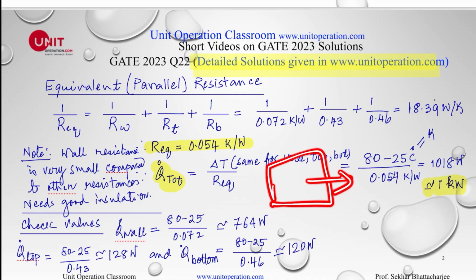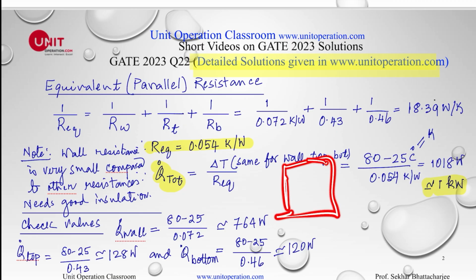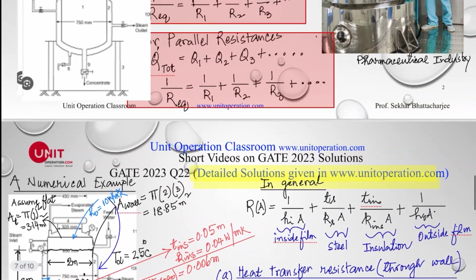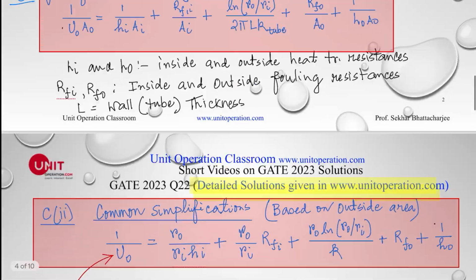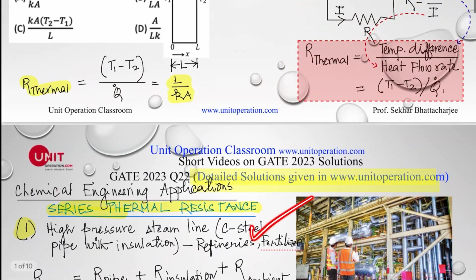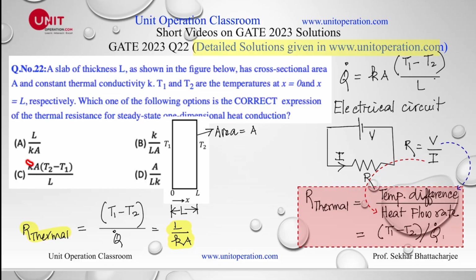So we need to do something if we want to reduce or minimize the heat loss from the reactor. So this is basically the concept of parallel thermal resistance, and we have seen the concept of series thermal resistances. And finally, for the problem, we say this A is the correct option.